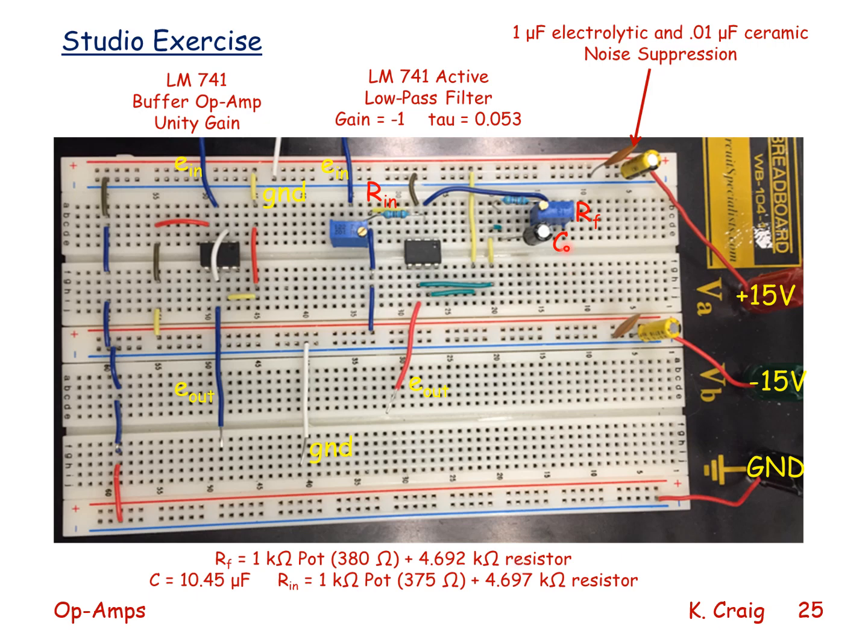The capacitance value is fixed. You also see that I have a 1 microfarad electrolytic capacitor and a 0.01 microfarad ceramic capacitor, and this is for noise suppression on both voltage supply rails.